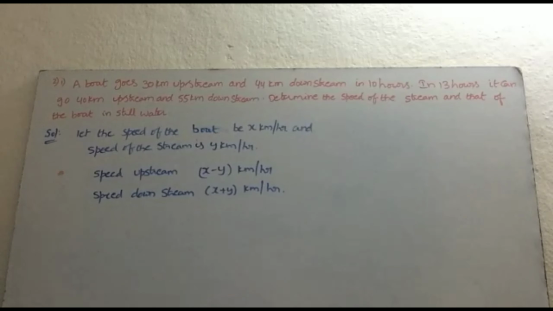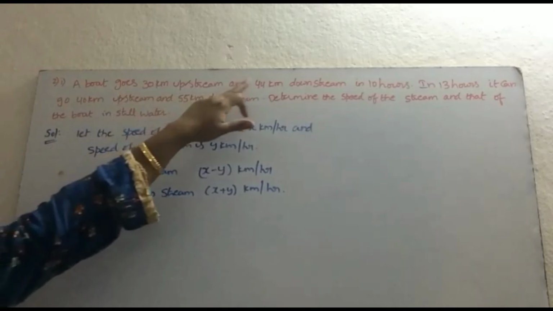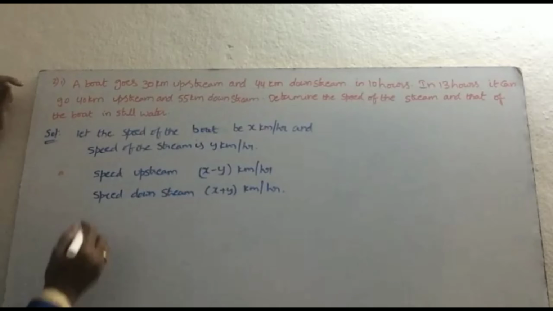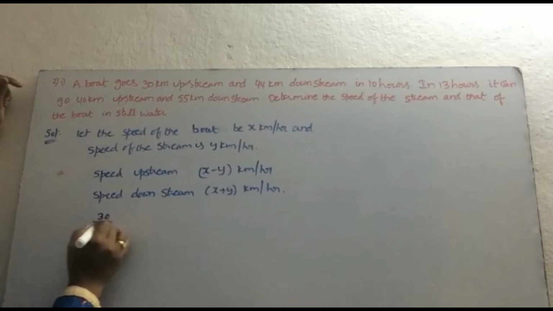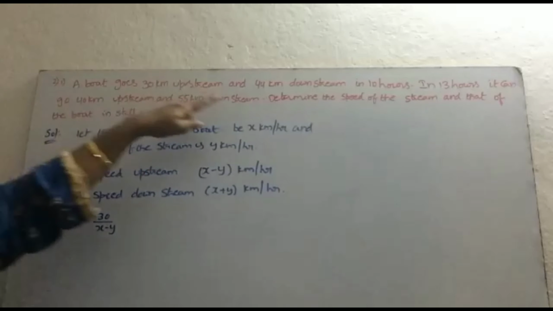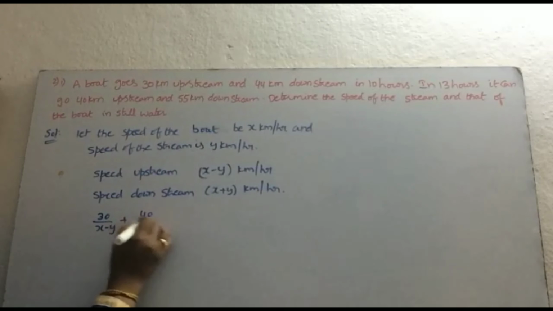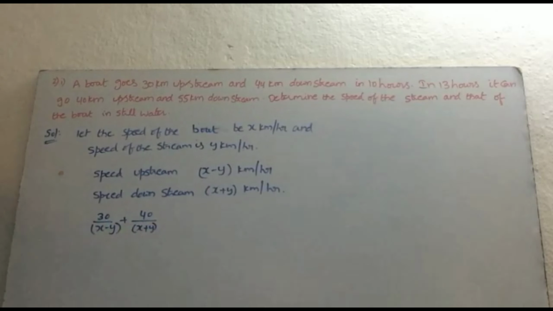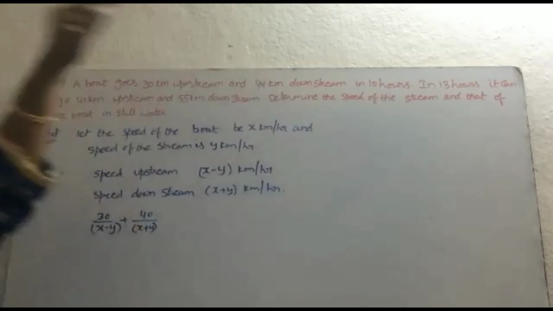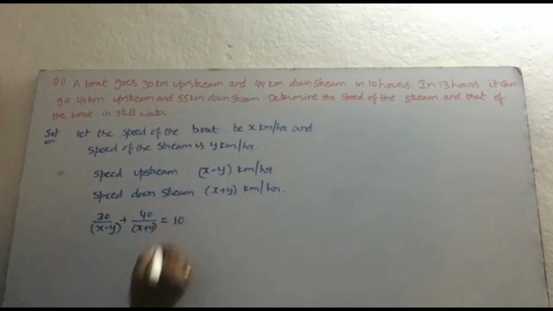Now what they gave, a boat goes 30 kilometers upstream, that means 30 by x minus y, and 44 kilometers downstream plus 44 by x plus y in 10 hours. That means that is equal to 10.